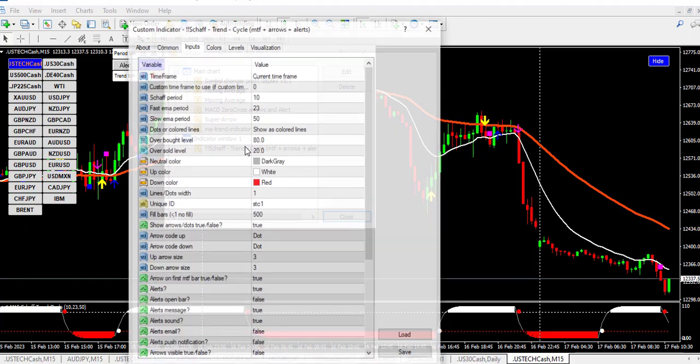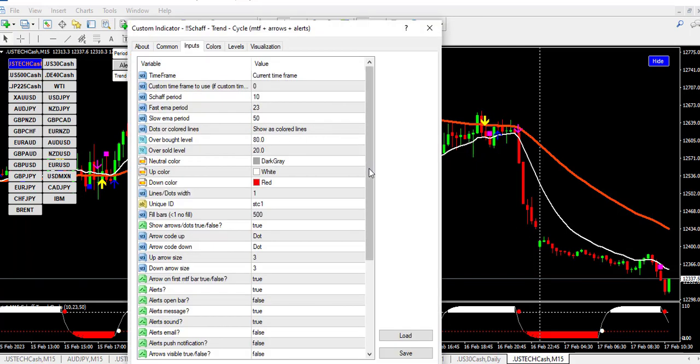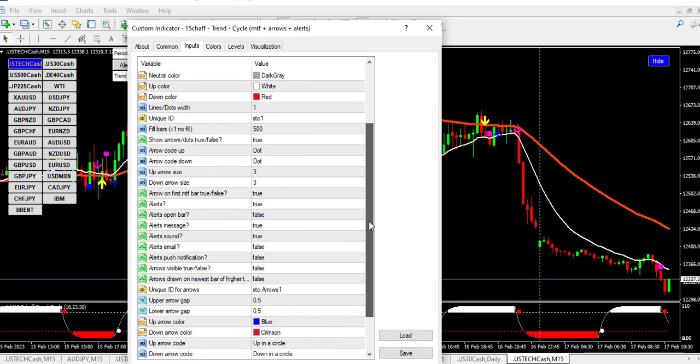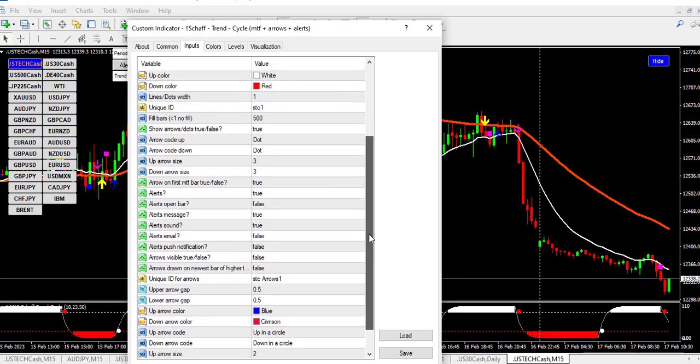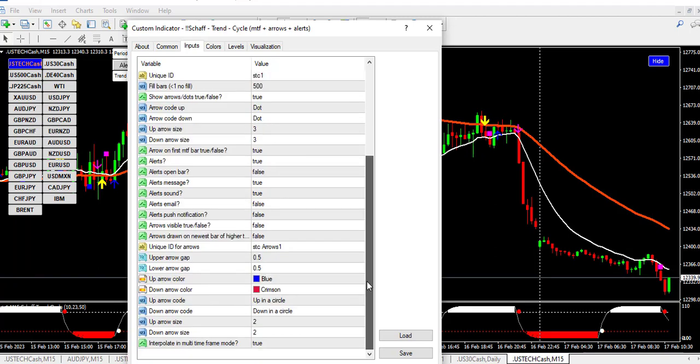And the last indicator on the indicator window, these are the values. And if you want to change anything, this is what you can change, but this is what I use. Make sure you pause the video and enter the details. So these are the values for this particular indicator.